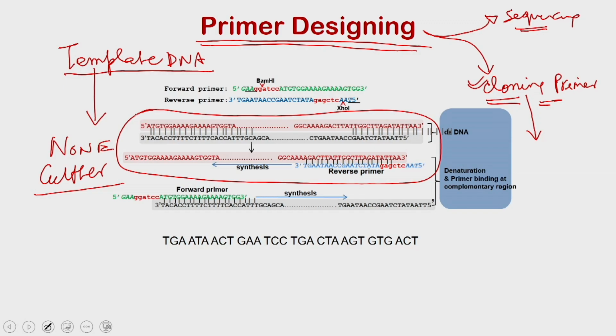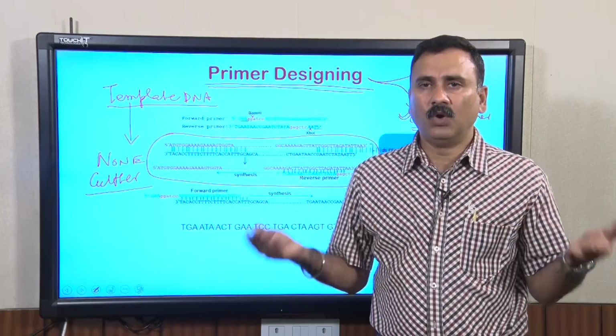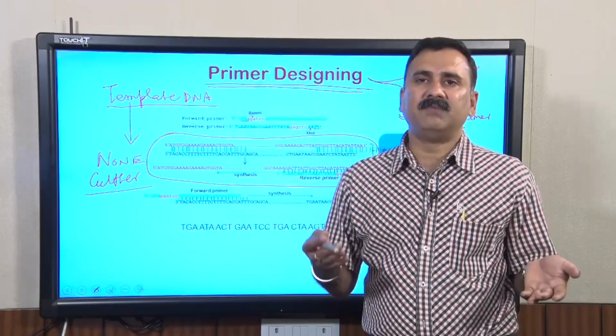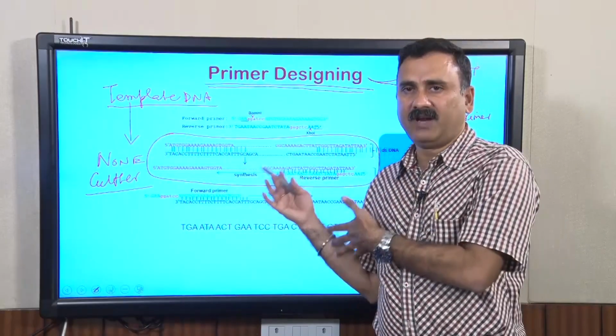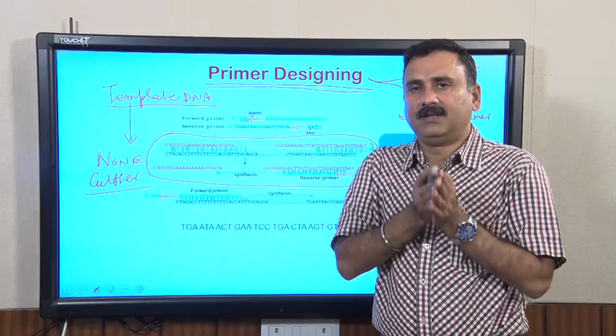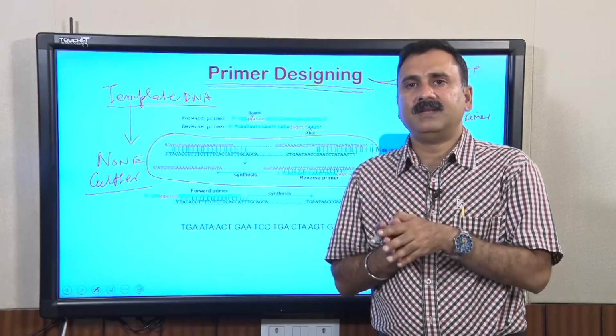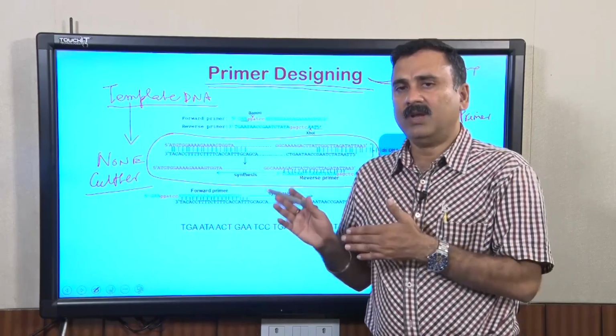We have taken this particular sequence and first put it into software. There are multiple software tools which you can use to find which enzymes are non-cutting to your gene fragment. Once you know that, these are the enzymes which you can use for cloning purposes.